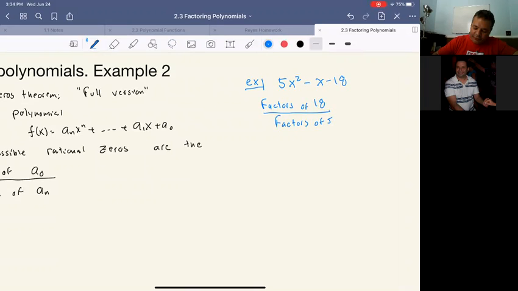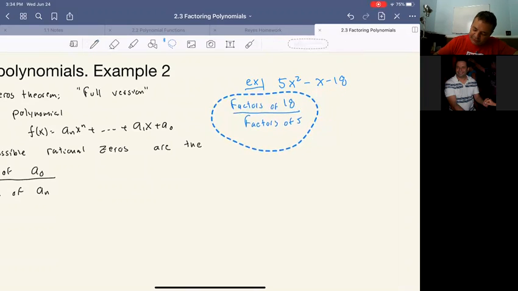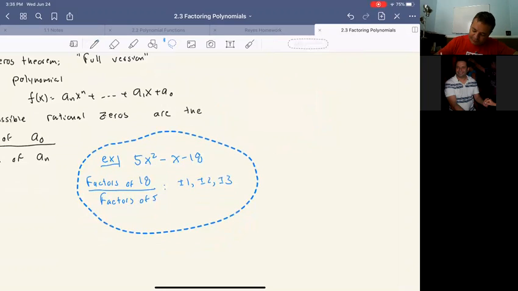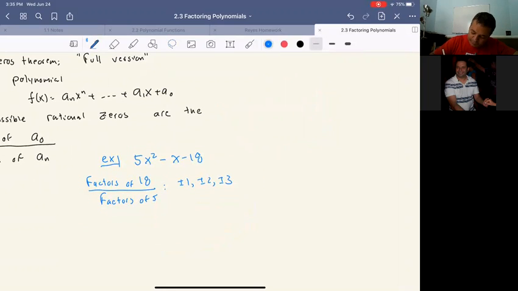Let me give myself a little more space. Factors of 18 are plus or minus 1, plus or minus 2, plus or minus 3, plus or minus 6, plus or minus 9, plus or minus 18. And the factors of 5 are plus or minus 1, plus or minus 5.